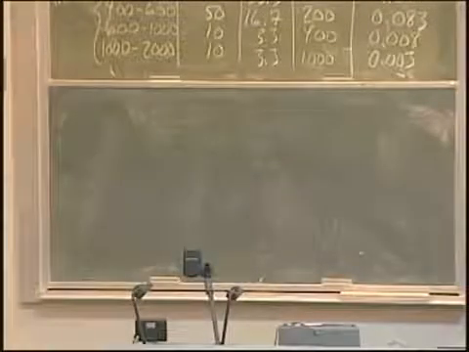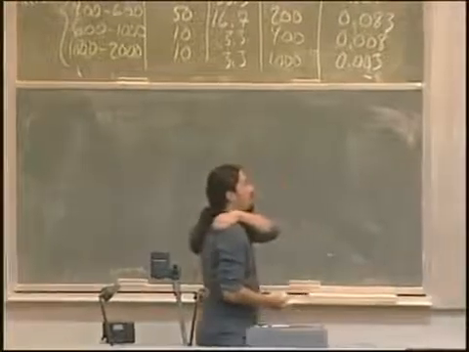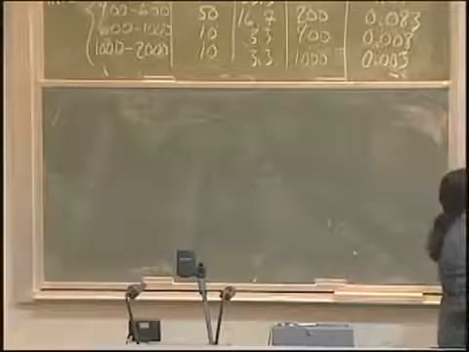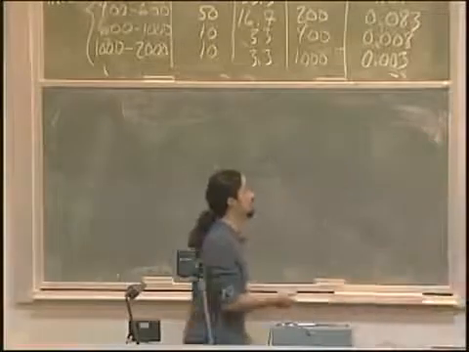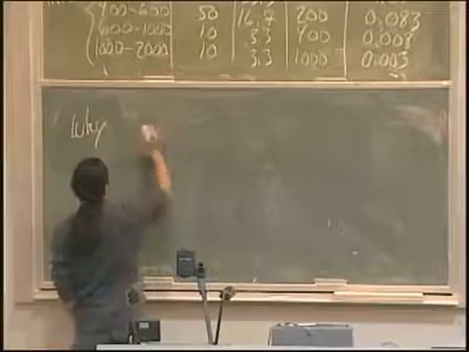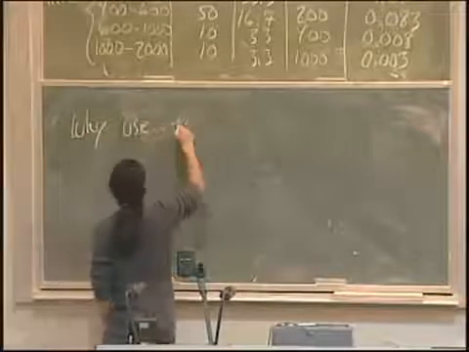Here I have them not the same width. Let's think about why the density scale works in this case and what would happen if I made them the same width. To answer that, I want to talk about why I use the density scale.